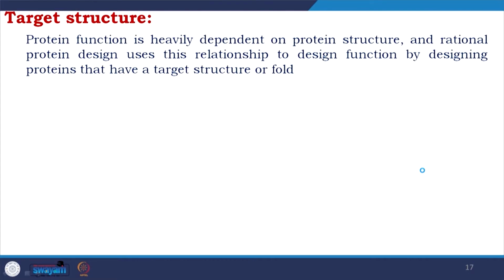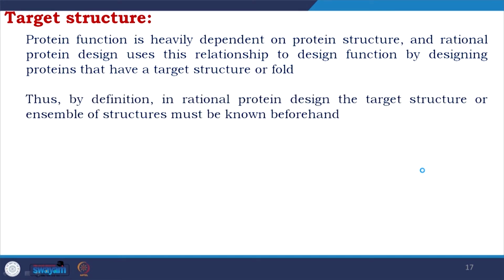So, coming to target structure, protein function is heavily dependent on protein structure as we have talked thoroughly in the course, and rational protein design uses this relationship to design function by designing proteins that have a target structure or fold. Thus, by definition in rational protein design, the target structure or ensemble of structures must be known beforehand.